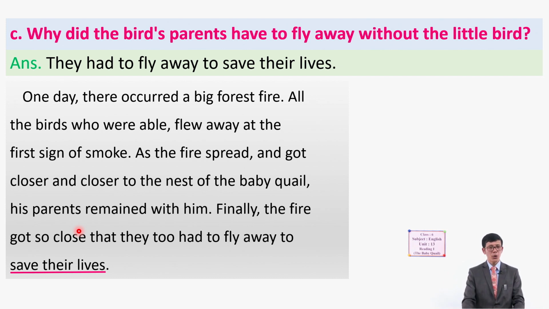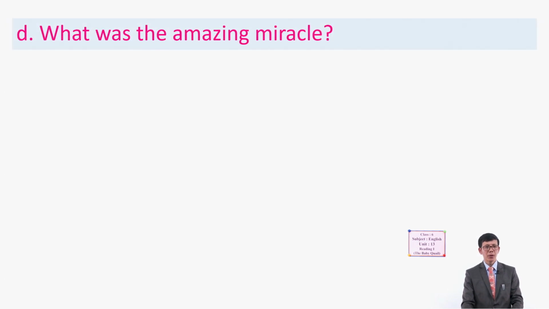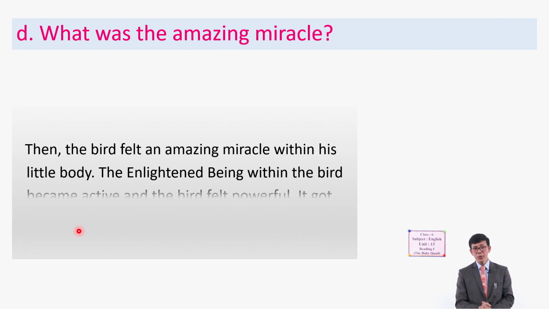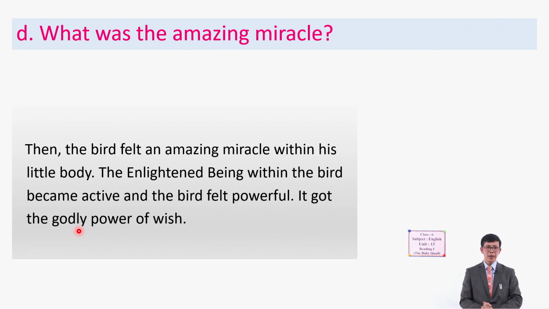Okay, so let's see now. D. What was the amazing miracle? Please read it quickly again. What was the miracle there? The bird felt an amazing miracle within his little body. And what happened? The enlightened being within the bird became active and the bird felt powerful.